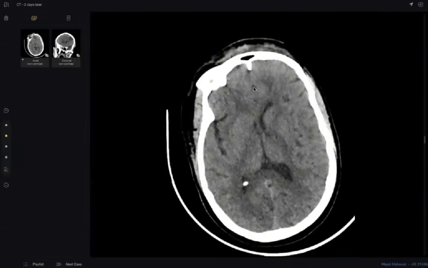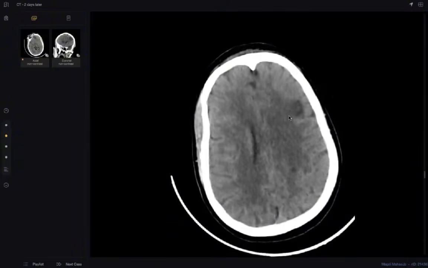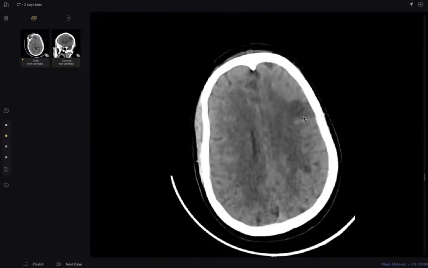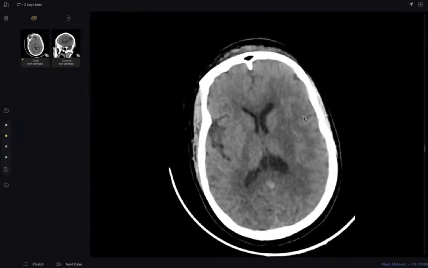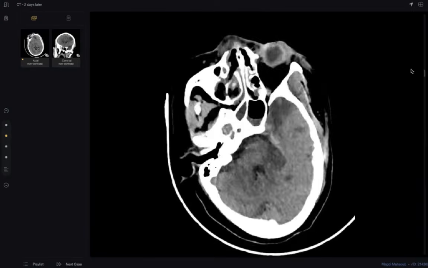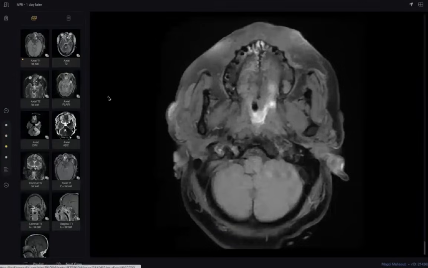Multifocal hypodense non-enhancing areas in both frontal lobes, then here in the left frontal, and down here posteriorly. Big disaster, which may represent infarction versus cerebritis.